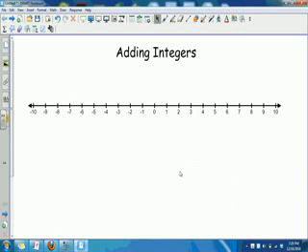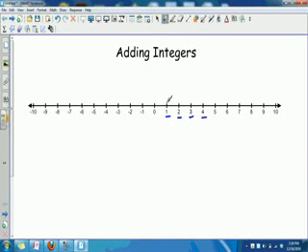Okay, in this lesson we're going to take a look at adding integers. And just as a refresher about integers, remember that they are all the positive whole numbers such as 1, 2, 3, 4, and so on.